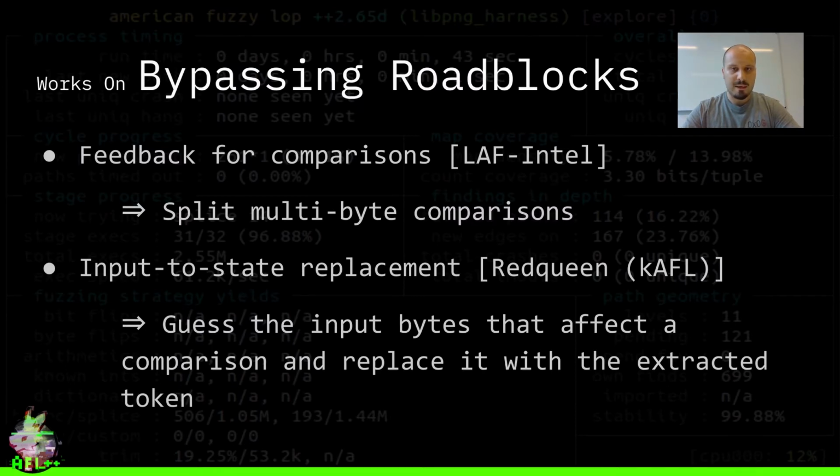There are works like Laf-intel based on augmenting the feedback to the fuzzer with the progress of a comparison, and also other works like Redqueen or Steelix, or other fuzzers that guess which part of the input affects a comparison and try to replace the token extracted from the comparison into the input, using what is the so-called input-to-state mutation.